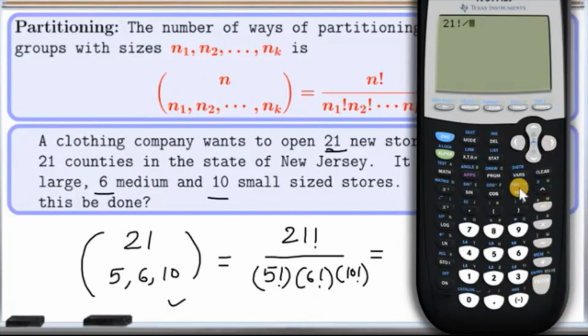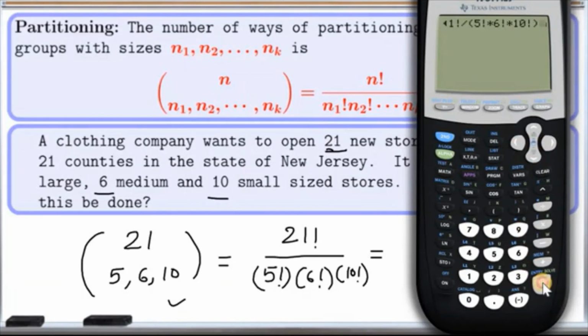Then type in divide, then put parenthesis. Now we need 5 factorial. So type in 5, then go to math, go to probability, come down to number 4, then hit enter, times 6 factorial, and times 10 factorial the same way.